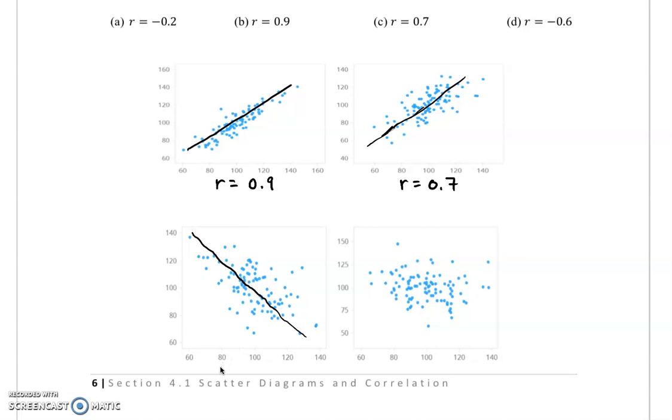That means we probably have an R value closer to 0, which would be negative 0.2. Well, actually, I lied. These are not as far apart as the other ones, so this is probably negative 0.6. These are more widely scattered even than the previous ones, so they're the R of negative 0.2.